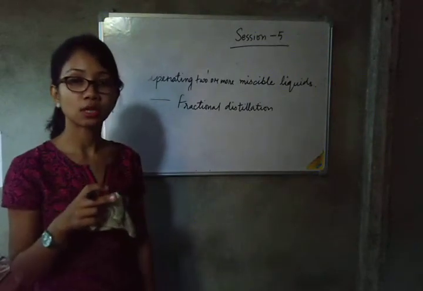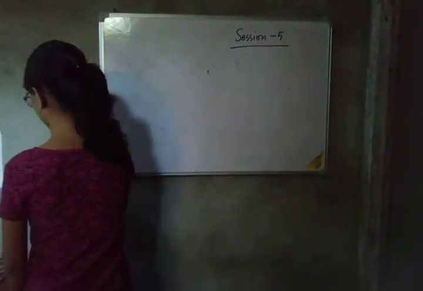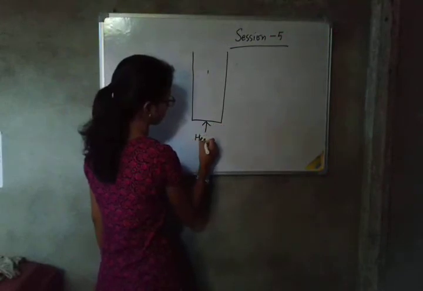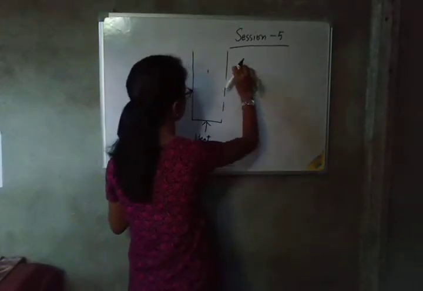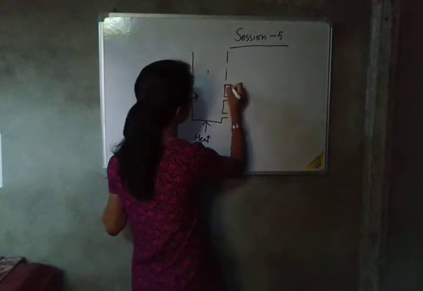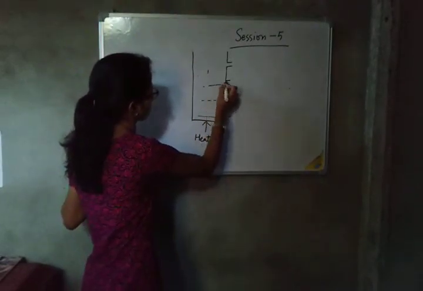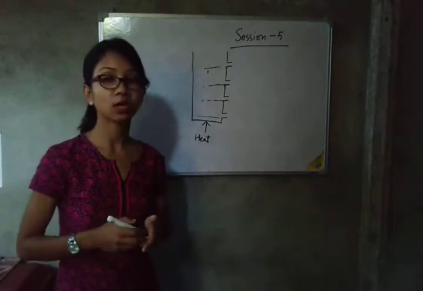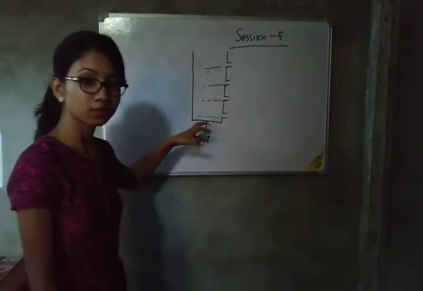I will show just a fractional distillation column where we can separate the miscible liquids, because drawing the diagram in your book will take too much time, and I'm not a very good drawing person. So I am using the easiest way, the fractional distillation column.